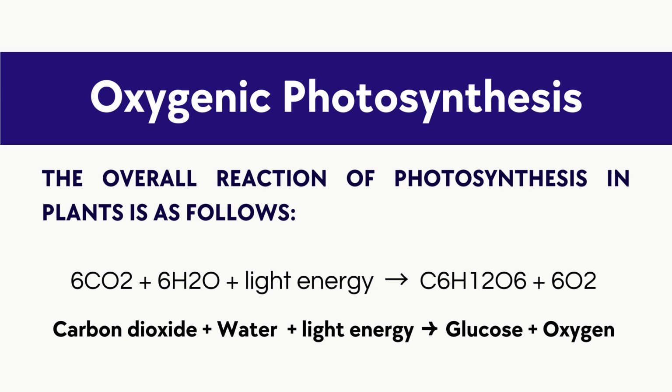In words, this equation can be interpreted as follows. 6 molecules of carbon dioxide plus 6 molecules of water are taken in by the plants, and in the presence of light energy or sunlight, these reactants are converted and produce 1 molecule of glucose, a 6-carbon sugar, and 6 molecules of oxygen.